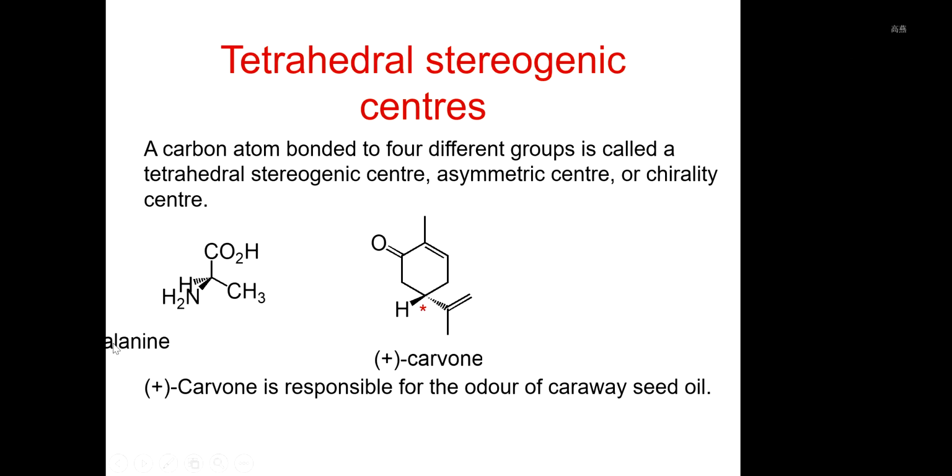Also, for alanine, we just took a look that the chiral center is the carbon in the middle, the carbon atom in the middle, right? Because it's linked with 4 different groups.